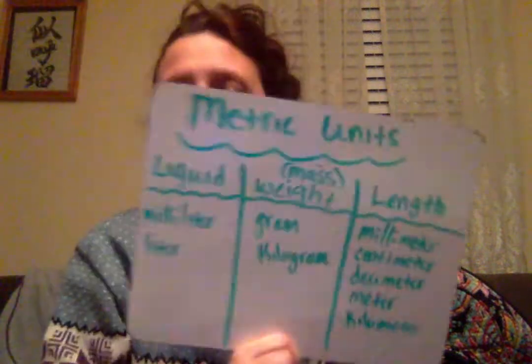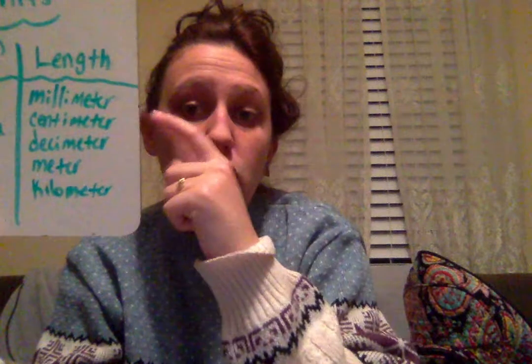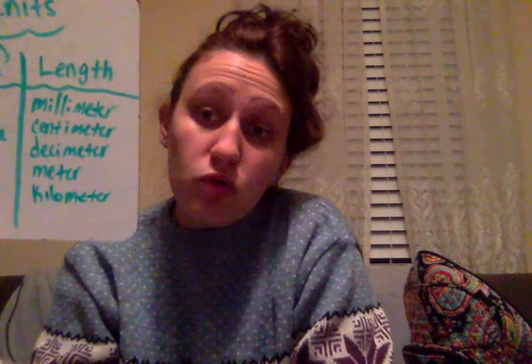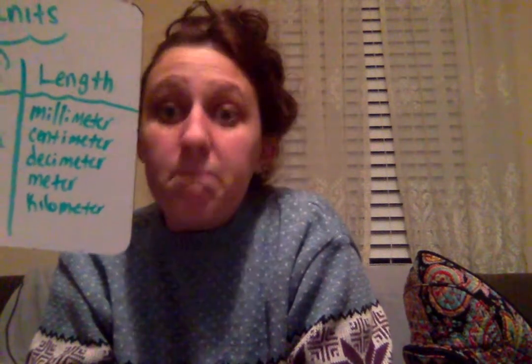Last one, just like last time. The metric units for length are confusing, but we know one of them. Centimeters. Centimeters are on our ruler. They are much smaller than inches.